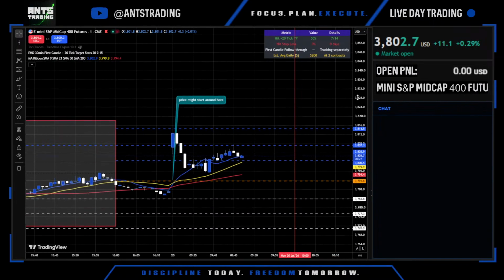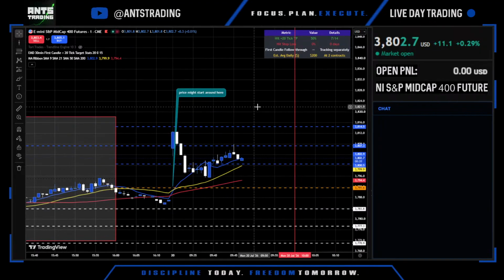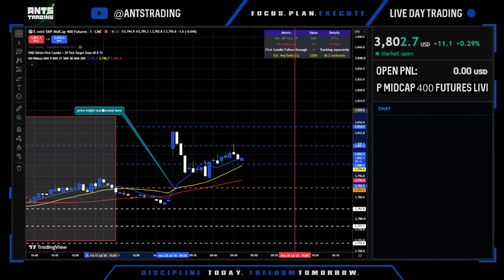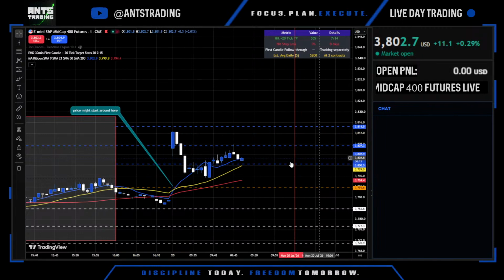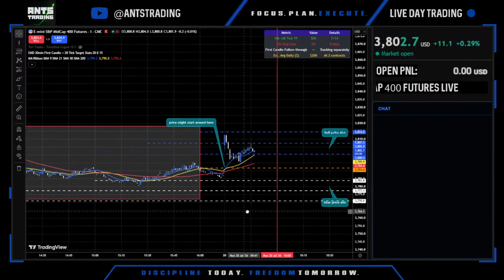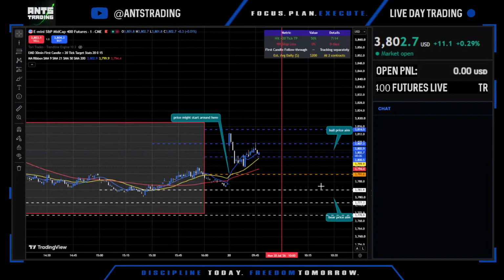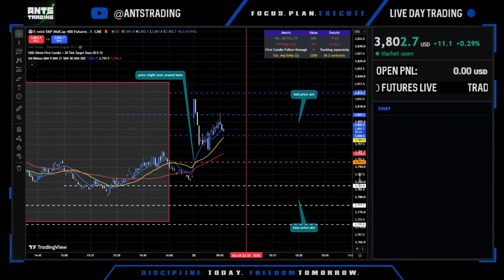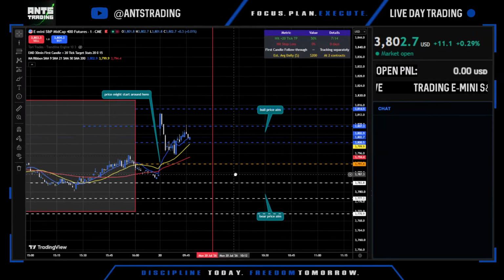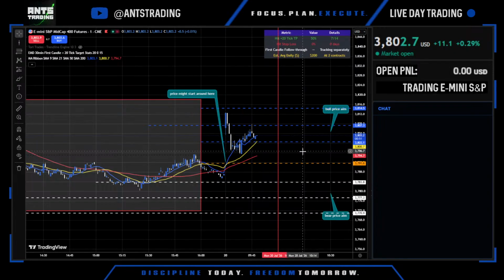Hopefully, if I do get this trade, which I'm pretty positive I might, but anything can happen, I'll pass my eval. I might need to make a little bit more because my consistency percent is a little high. I'll figure that out, but hopefully it goes.